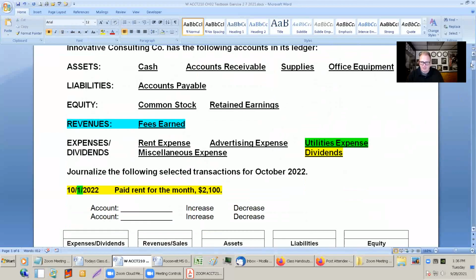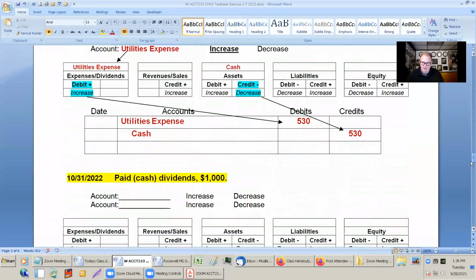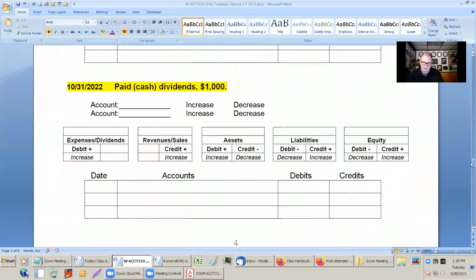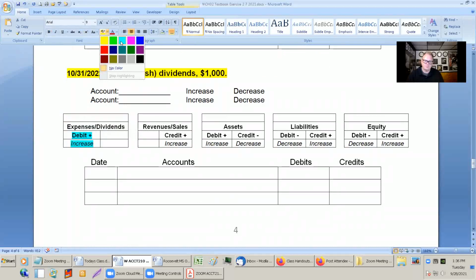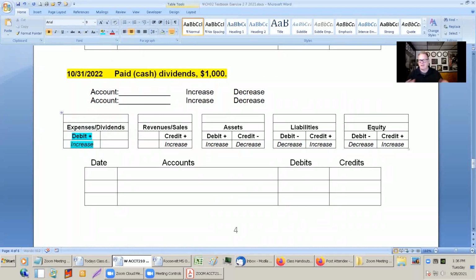Now, you're saying equity though, that is not actually wrong. Some books show it that way. Here we have it as dividends, and expenses are kind of the same as money going out. But in other books, they'll show it as a reduction of equity. Remember our statement of retained earnings, you subtract out the dividends. It reduces your equity.